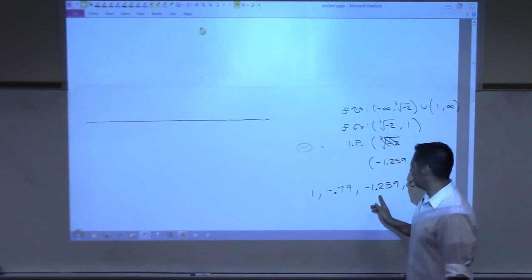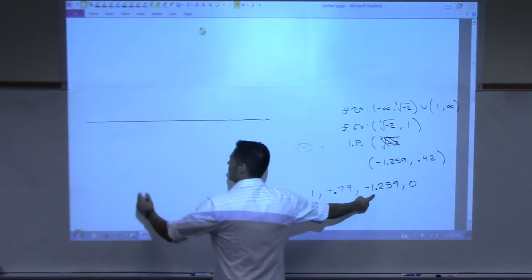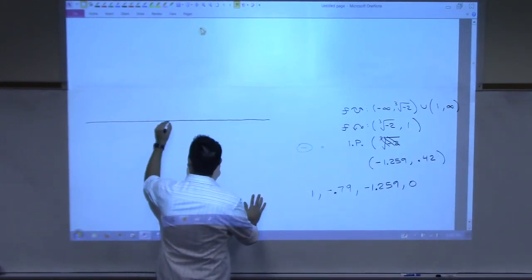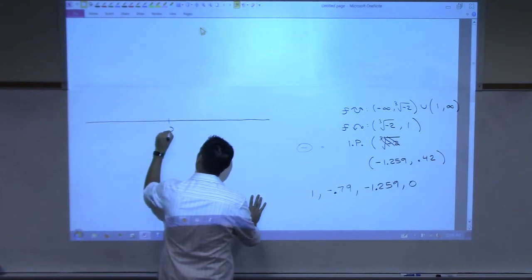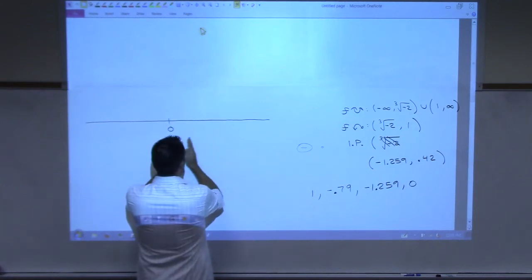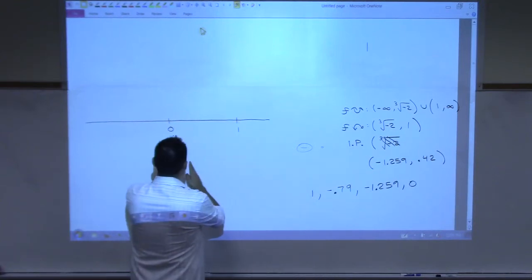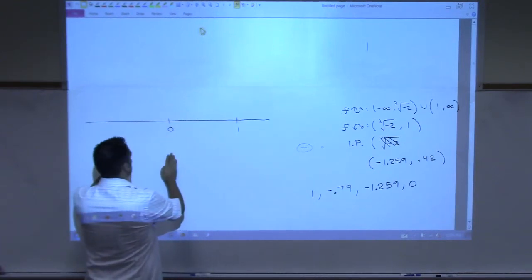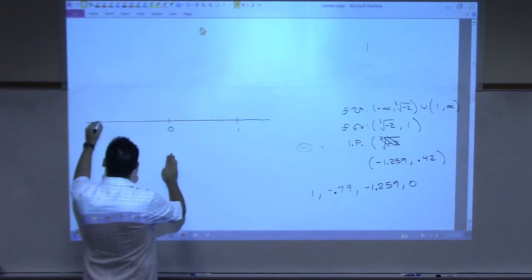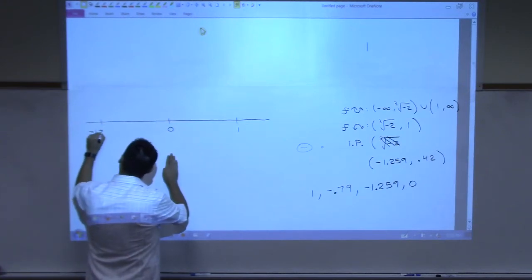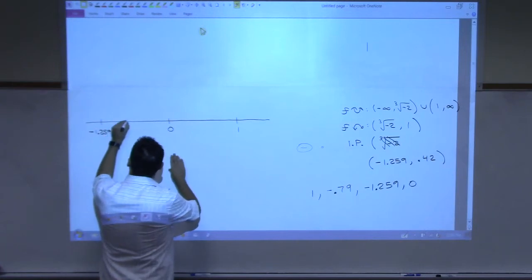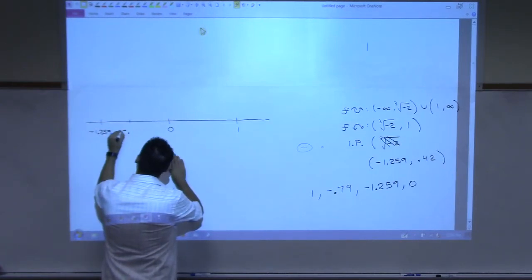So the biggest negative number I have is this one. And 0 I have, so let me try and make this look good. Here's 0. 1, I'm going to put about right here. Negative 1.259 here, and then negative 0.79 here.